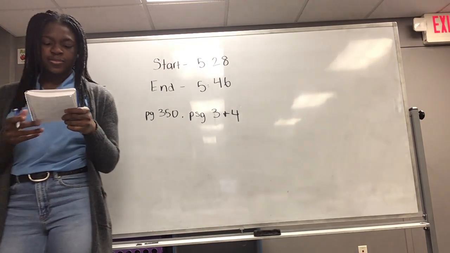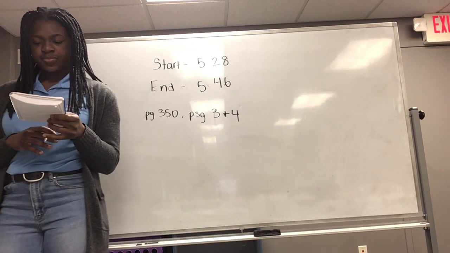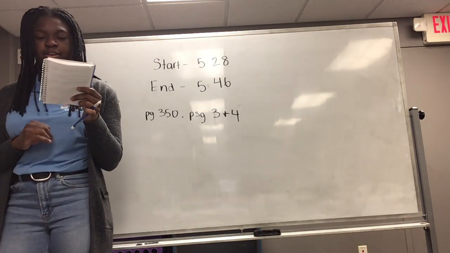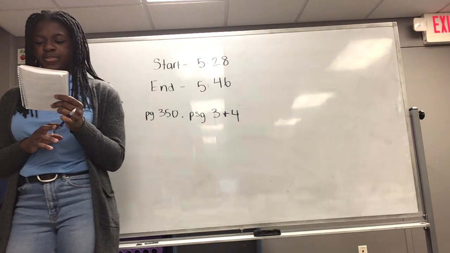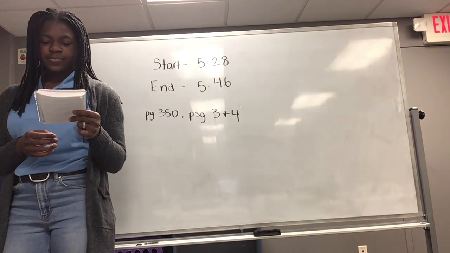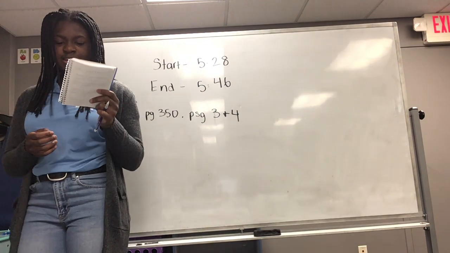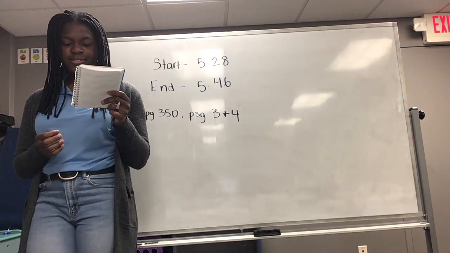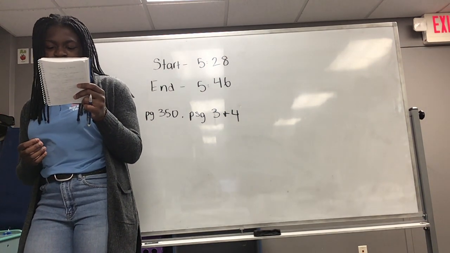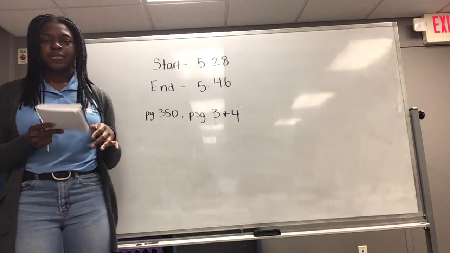47 is C. 48 is F. 49 is A. 50 is G. 51 is B. 52 is J. 53 is A. 54 is G. 55 is B. 56 is J. 57 is C. 58 is F. 59 is C. And 60 is F. Any of those need to be repeated?